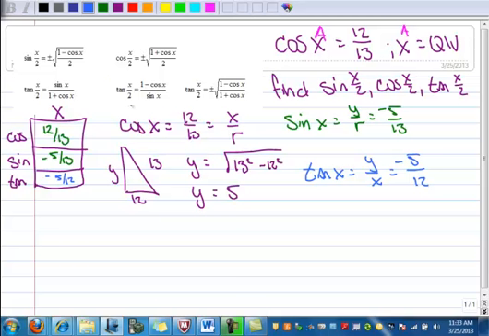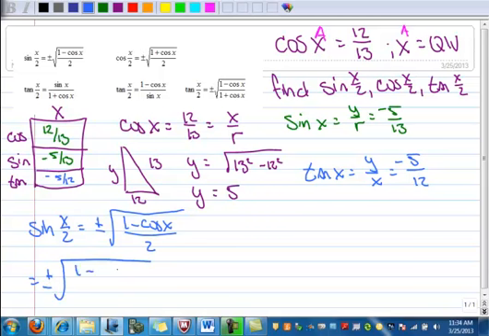Let's go ahead and first find the sine of the half angle. So plus or minus, and we'll talk about that in detail in a second, the square root of 1 minus the cosine of x all over 2. So 1 minus the cosine, which was 12 over 13, all over 2.